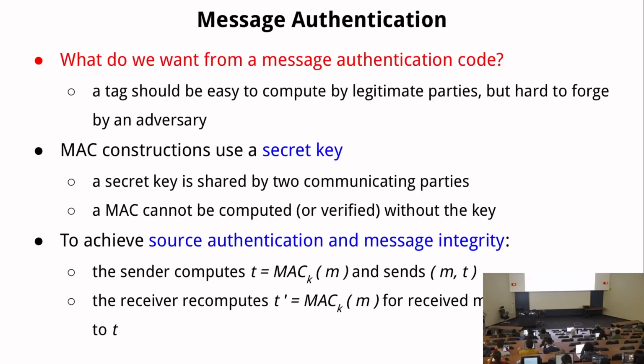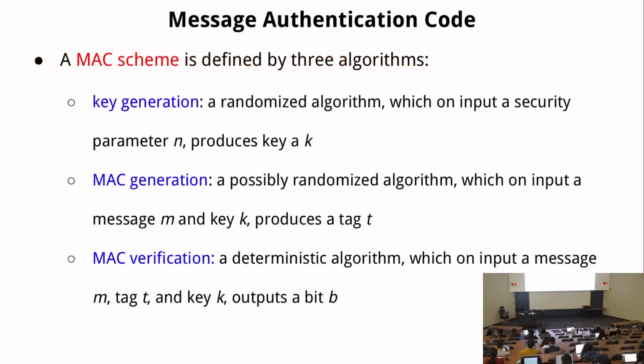So obviously, a desired property of this tag is it should be a fixed length. We don't want that to be too long. It should not be as long as the message itself. So if you look at the MAC protocol algorithm, you can see it's very similar to the encryption itself.